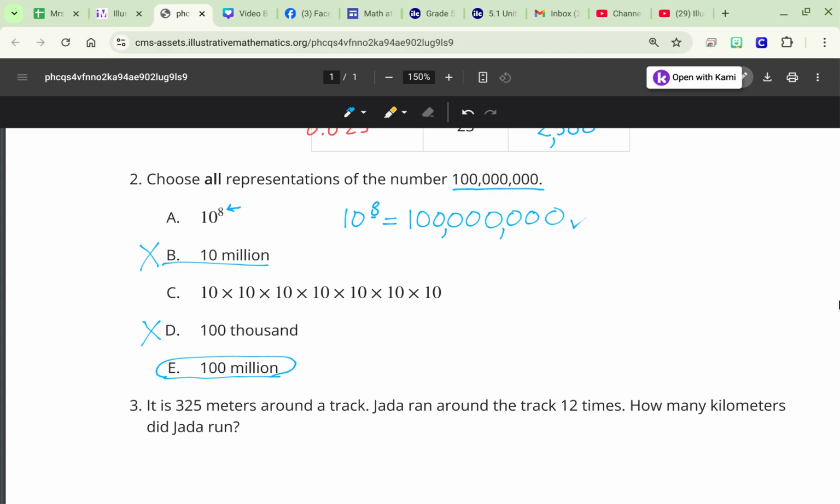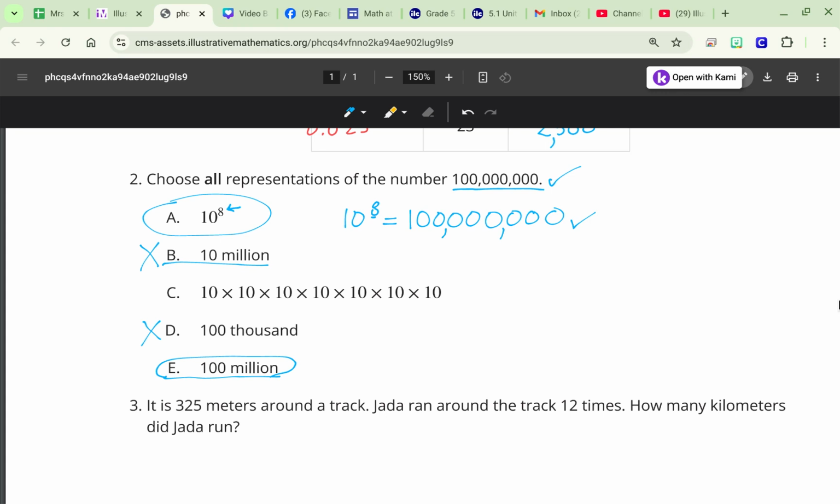Take a look, that checks out. This is exactly the same as this. So I do know that A is an answer choice that I should choose. 10 to the power of 8 in its value form is a 1 with 8 zeros. So that is true.